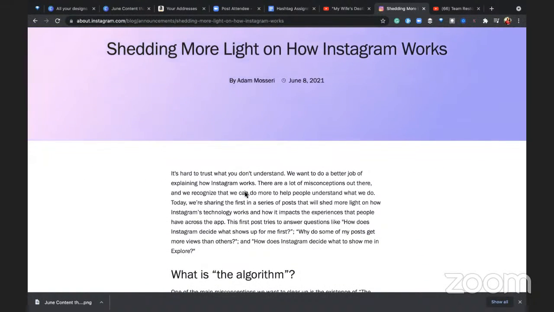It's hard to trust what you don't understand. We want to do a better job of explaining how Instagram works. There are a lot of misconceptions out there, and we recognize that we can do more to help people understand what we do. Today, we're sharing the first in a series of posts that will shed more light on how Instagram's technology works and how it impacts the experiences people have across the app.